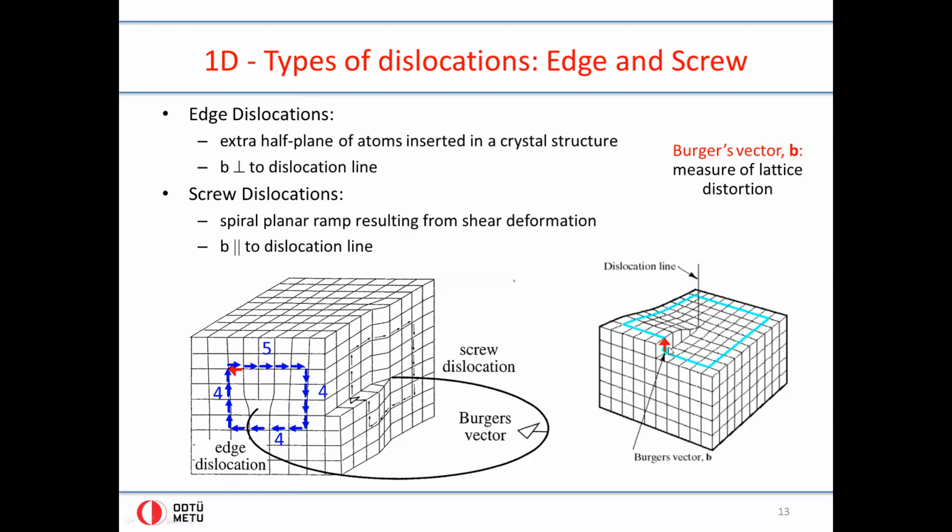So notice that the dislocation line and the vector are parallel to each other, whereas in the case of the edge dislocation, the dislocation line is here, and the Burgers vector is perpendicular to the dislocation line. So you might look at the two images and say they look very similar. So what's the significance of this?